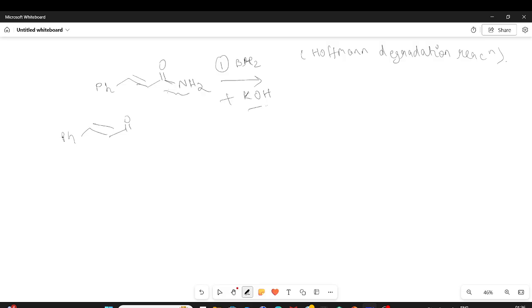So there is basically this basic unit, potassium hydroxide, the base, that actually helps to capture an acidic proton from here.